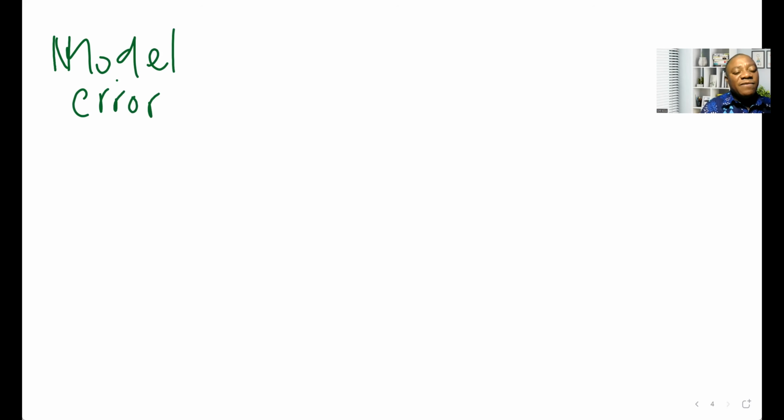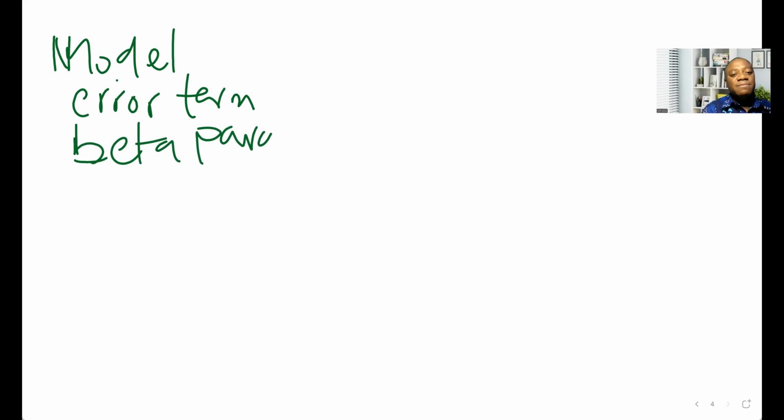So the specified model has, and I want you to take note, the specified model is what we just did. That one has the error term, which was the last one that Victoria was asking about. Also, it has beta parameters.